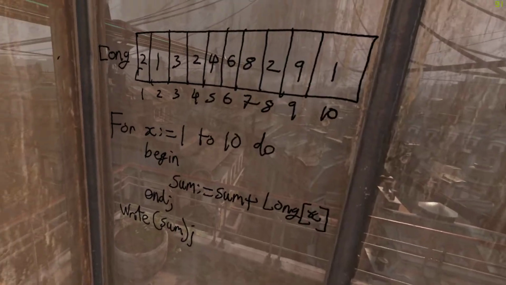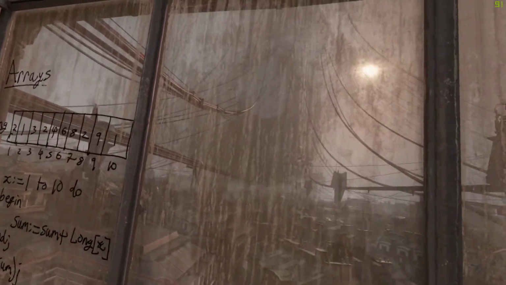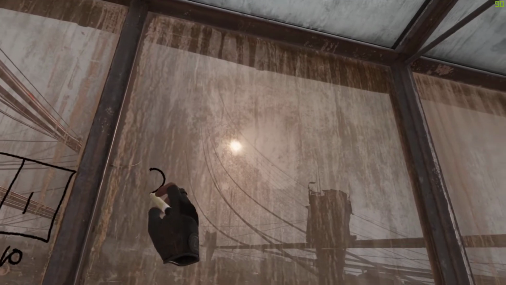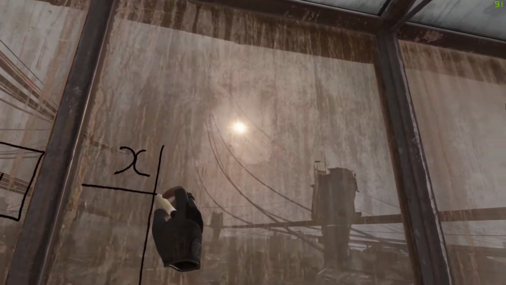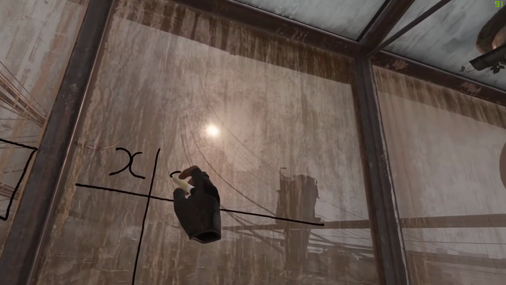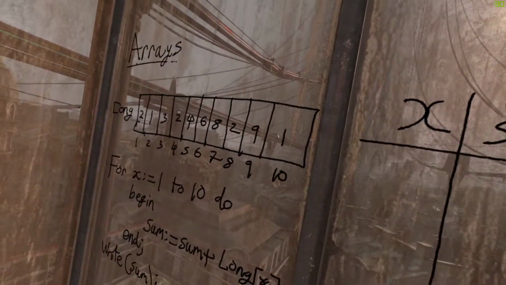So let's do a trace table for it. Let me just walk across here. We have x, and we have a variable sum. Good. So let's see what happens now.